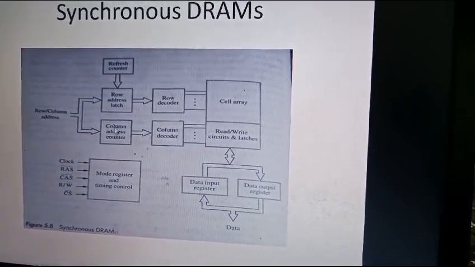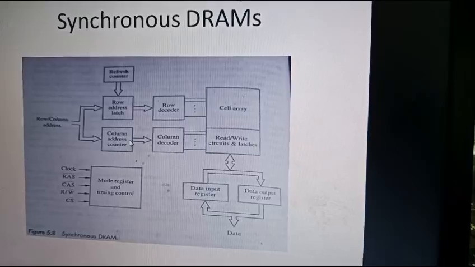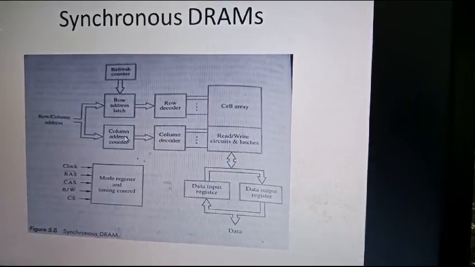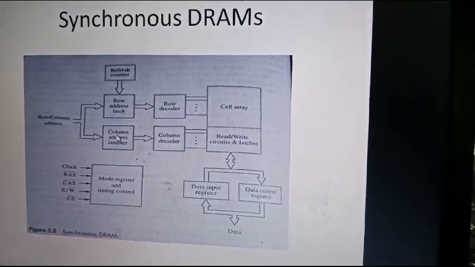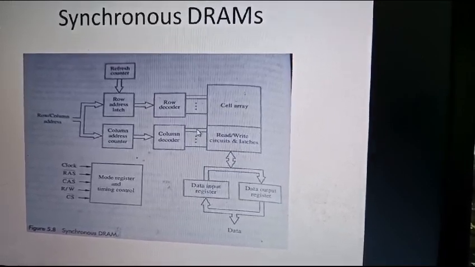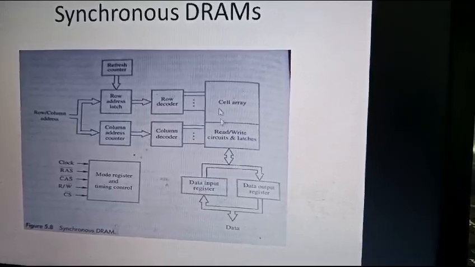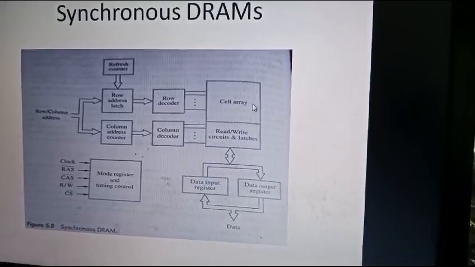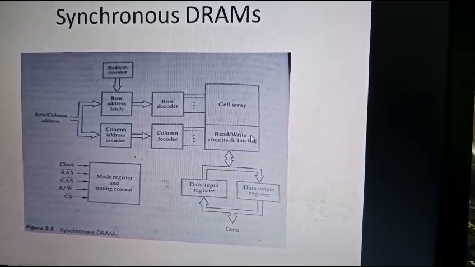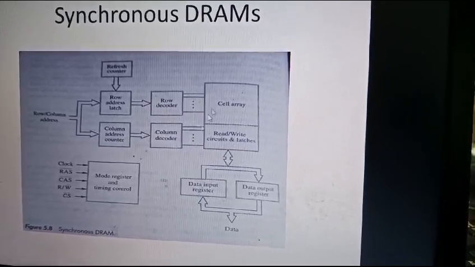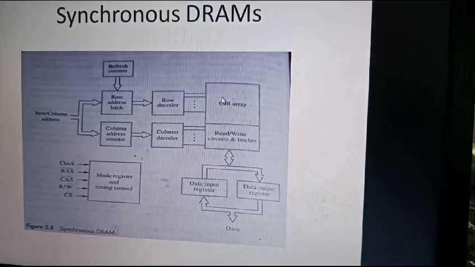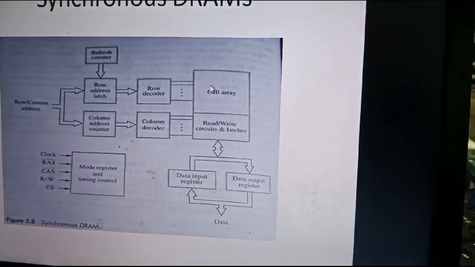And this is a column address counter. Right now, the column address that is received is given to the column decoder, and it will activate the appropriate lines to select the appropriate column of this memory. Now the required column and address is selected.